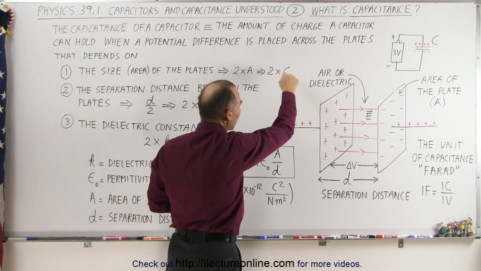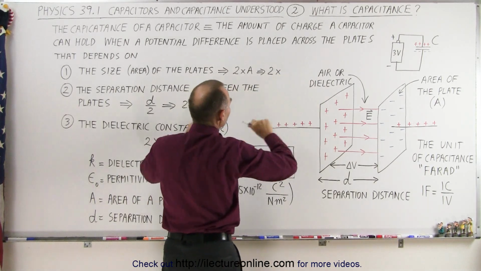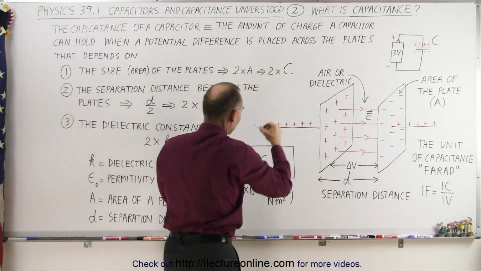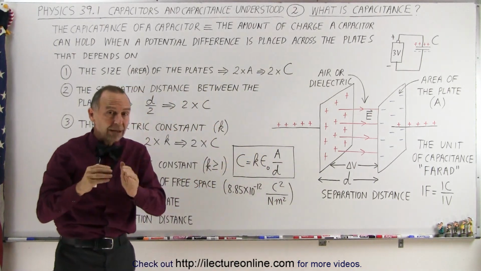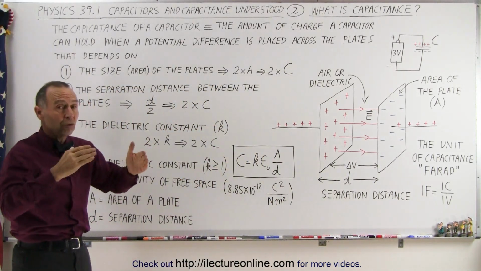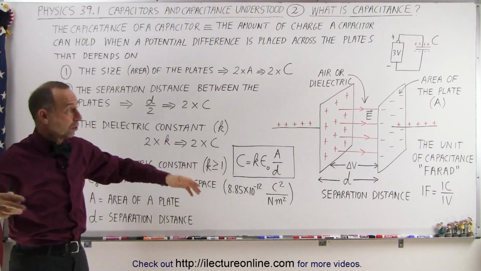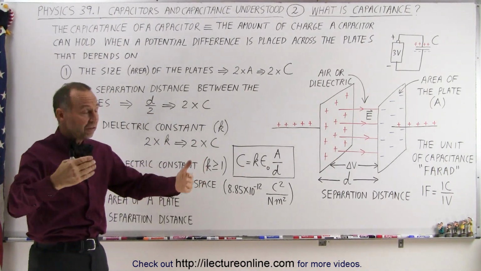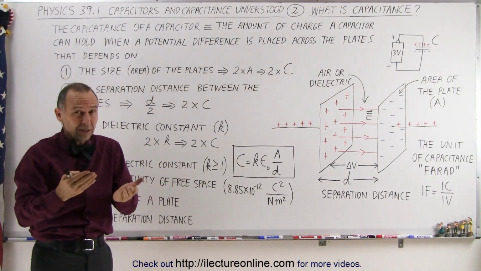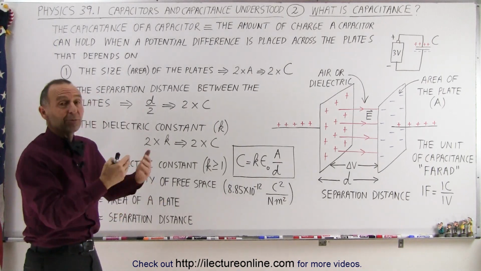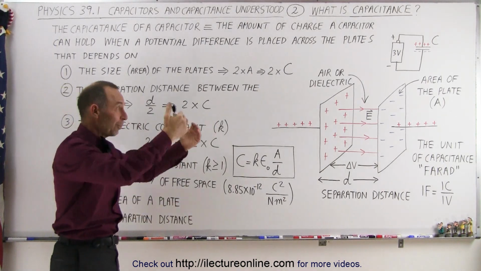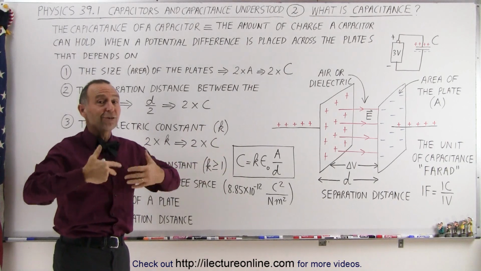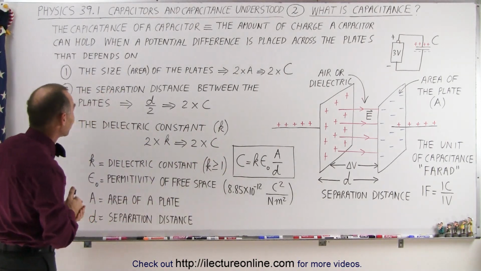Notice we use the capital letter C. So the capacitance is proportional to the amount of space you have to put charges on. You double the space, you double the amount of charge. It's kind of like a parking lot. You double the parking lot, you have twice as much space for cars. And here you double the plates, you have twice as much space for charge.